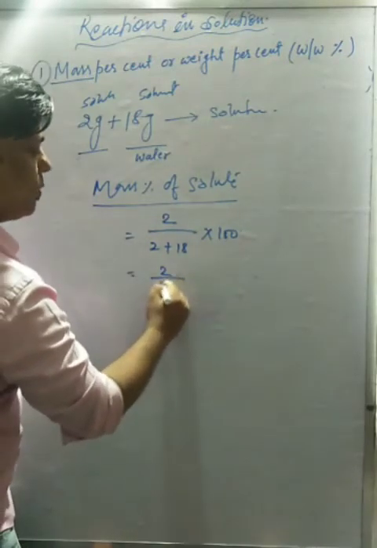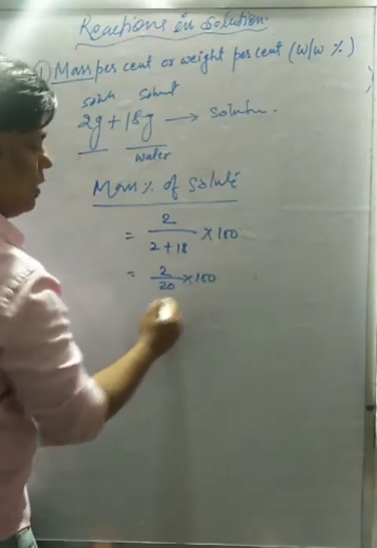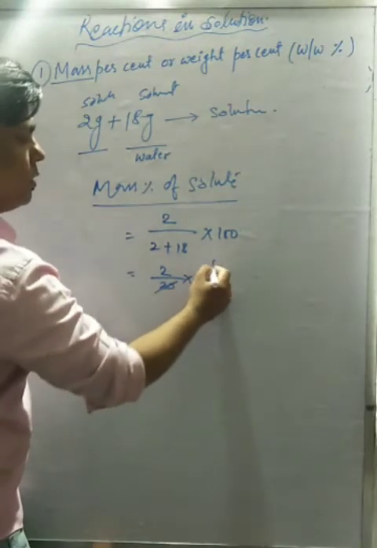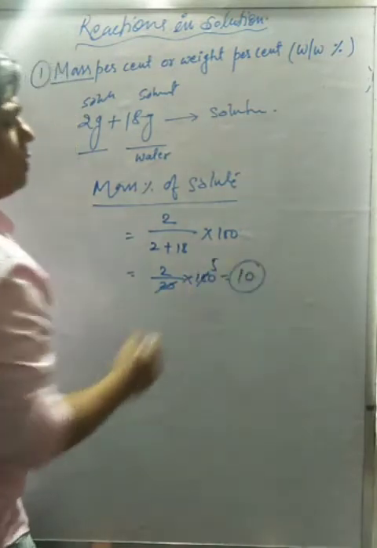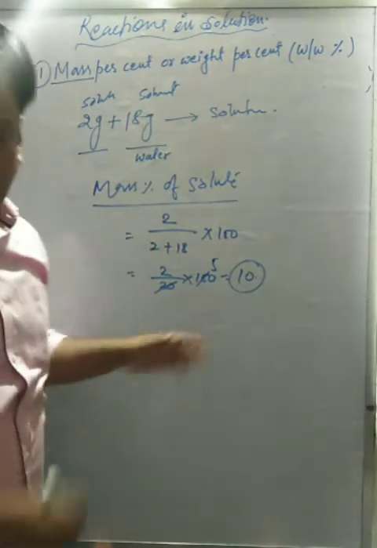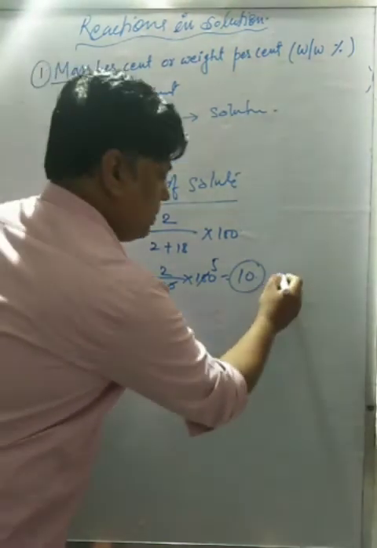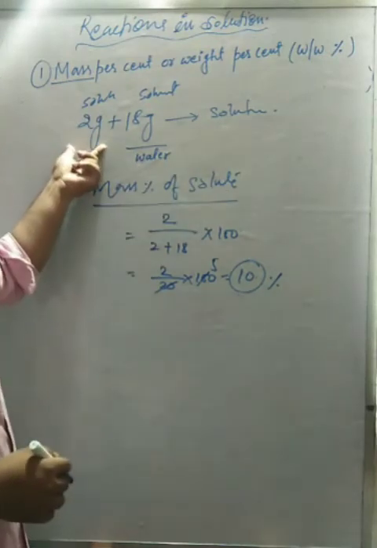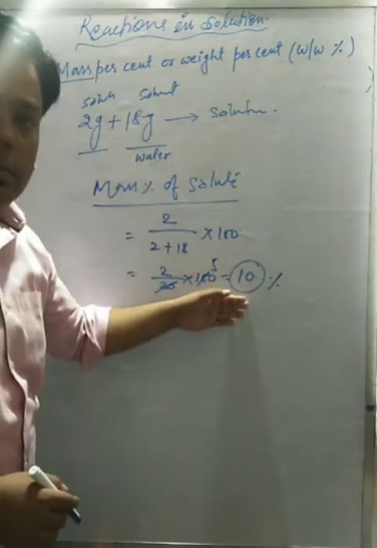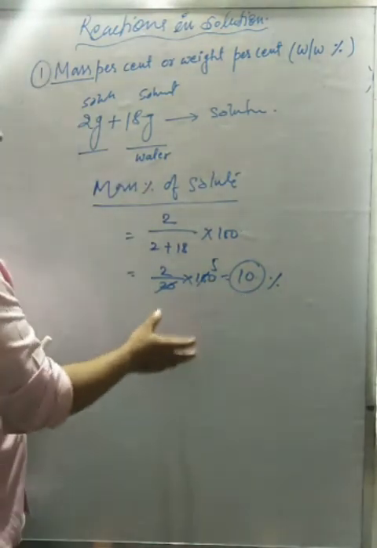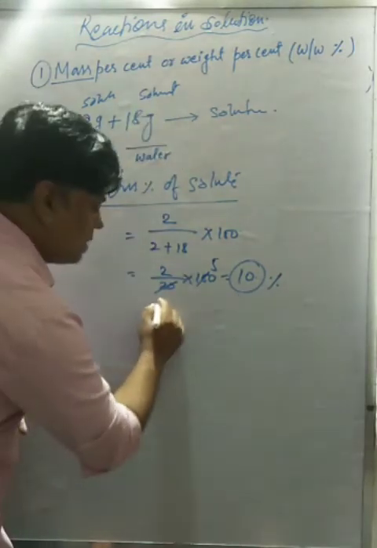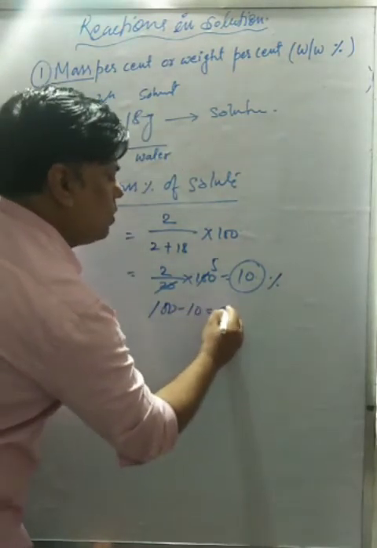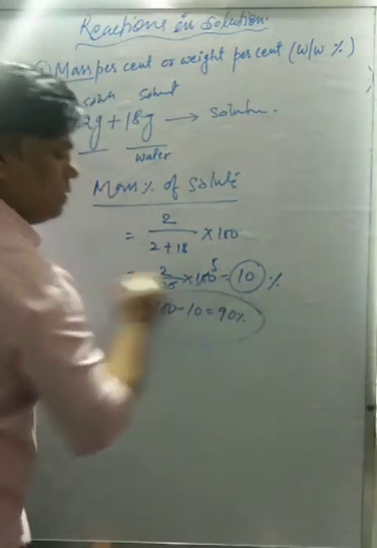So 2 by 20 into 100 is 10. That is the answer, 10%. What is the mass percent of solute A in the whole solution? 10%. And what is the mass percent of B? 100 minus 10, that is equal to 90%. Right?